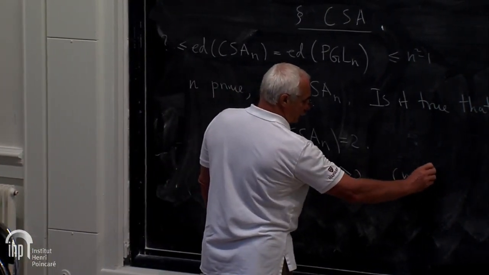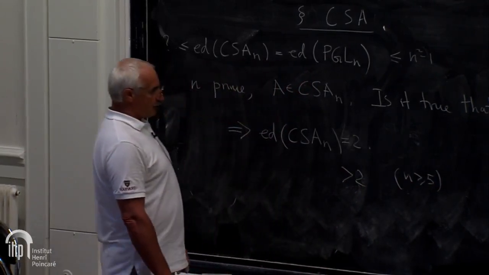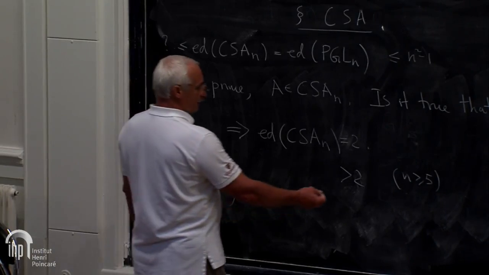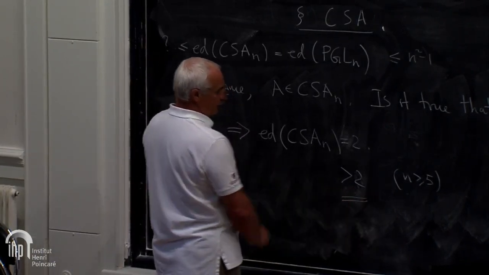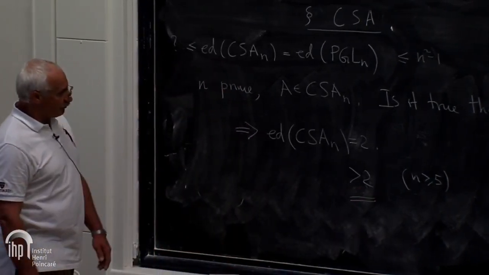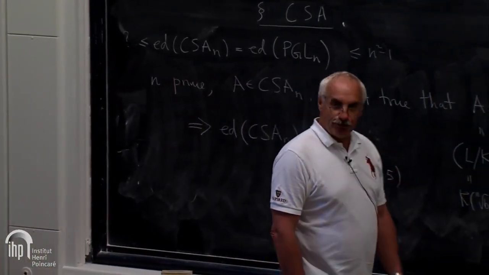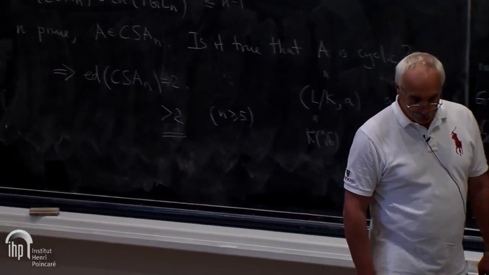Because when n is 2 and 3, the answer is indeed yes to that conjecture. So that would be, of course, an impressive application of the essential dimension business. But it is in the future, I think. Okay, thank you.